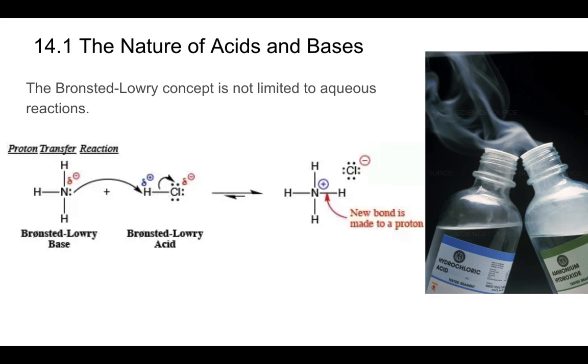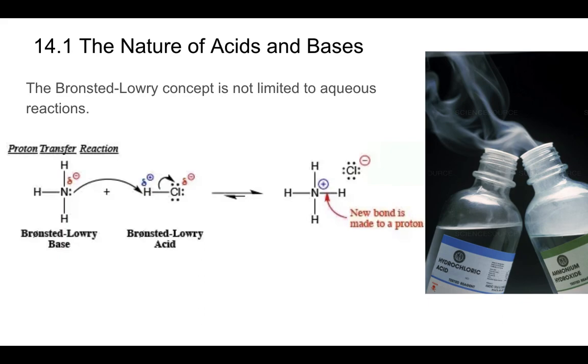Now, the Bronsted-Lowry concept actually would allow you to talk about acid-base reactions occurring outside of water. We always think of acids and bases as being dissolved in water, but technically the Bronsted-Lowry concept says that an acid is a proton donor and a base is a proton acceptor. Think about the reaction between the two gases, HCl and NH3.